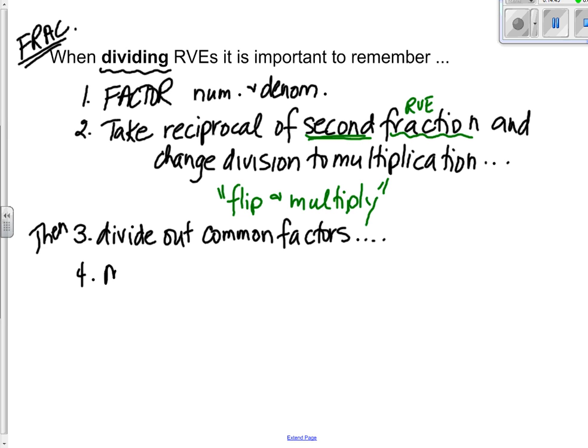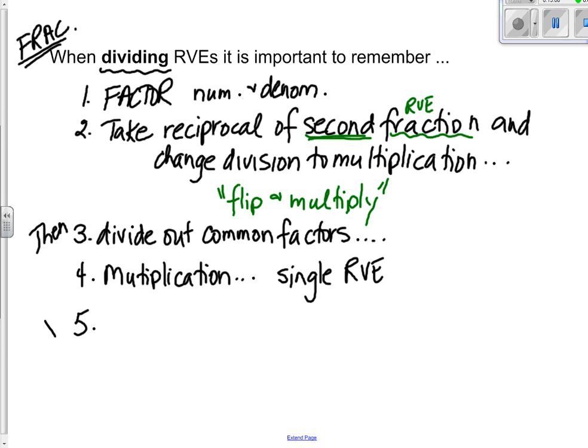Do the multiplication like we do with fractions, like we did on the last 2 slides, and give your answer as a single rational variable expression. And lastly, put a little star, state the restrictions.